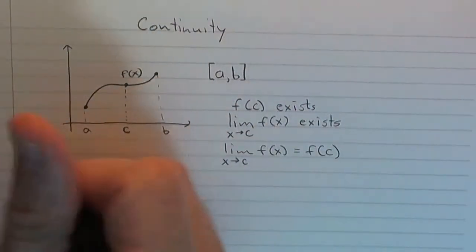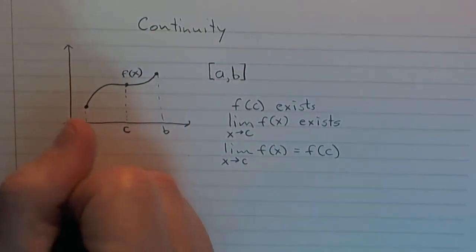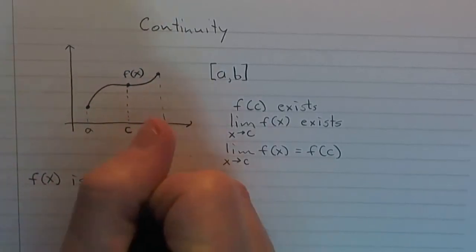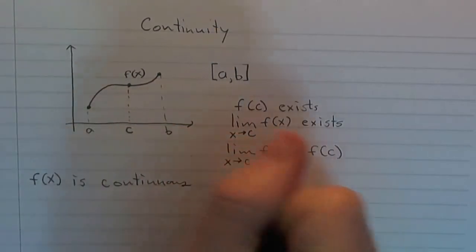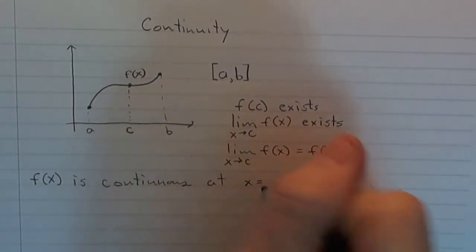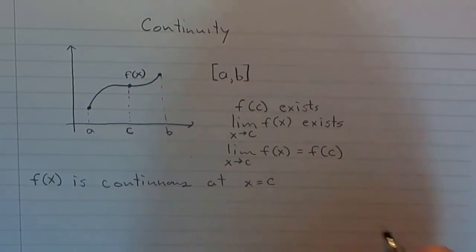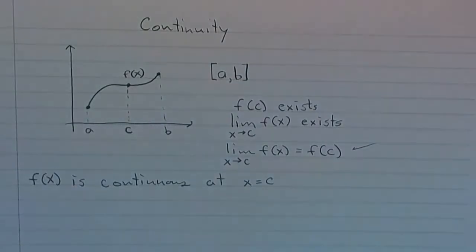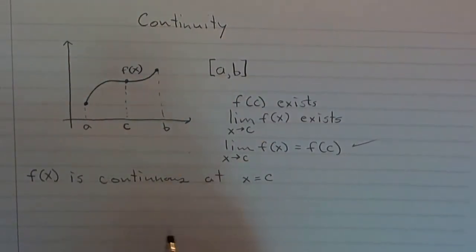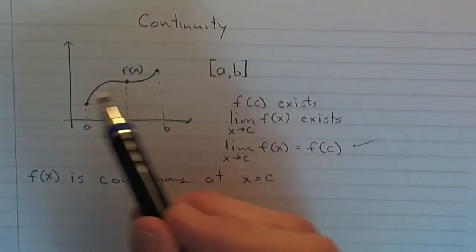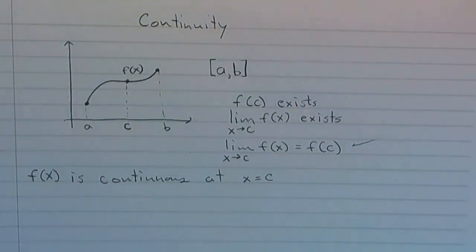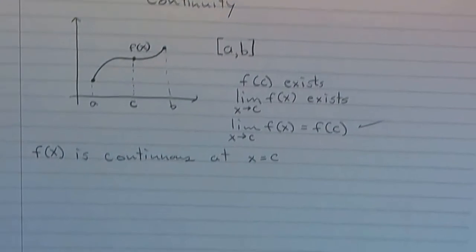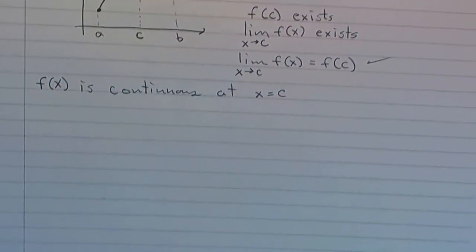So we say that f of x is continuous at x equals c. See? Because this is true right here. Okay, so that's continuity. And if you have continuity throughout the whole interval, we say it's continuous on the interval. So it's a really simple concept to grasp.